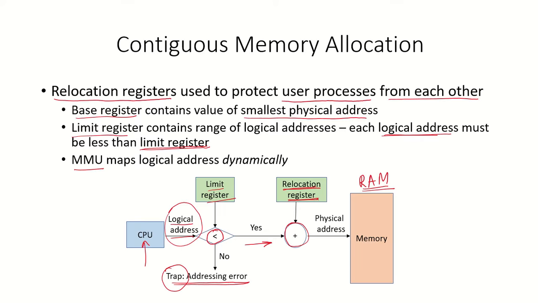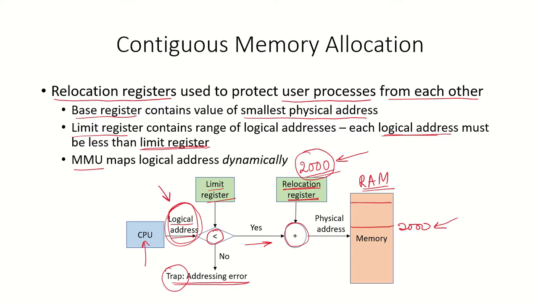So let's say the value in the relocation register is 2000. That means this particular logical address has to be added with 2000 to go to that particular address. This means that 2000 is the base address of that particular process. So this is the base which is stored in the relocation register.